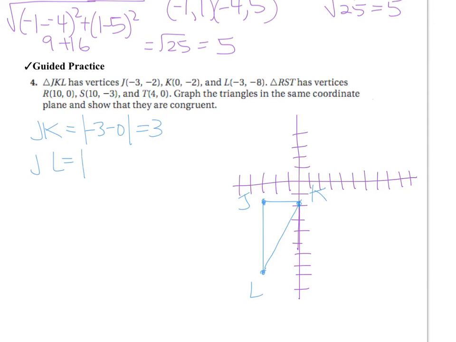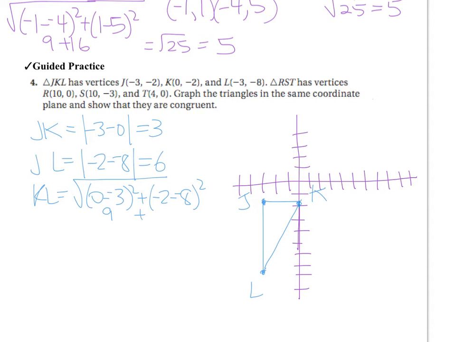So it would be -2 minus -8, which is 6. Finding KL, square root of 0 minus -3 squared plus -2 minus -8 squared gives me 9 plus 6 squared is 36, which is the square root of 45.